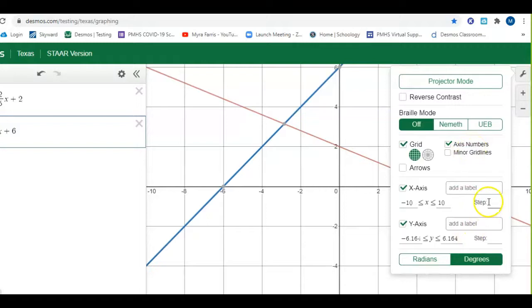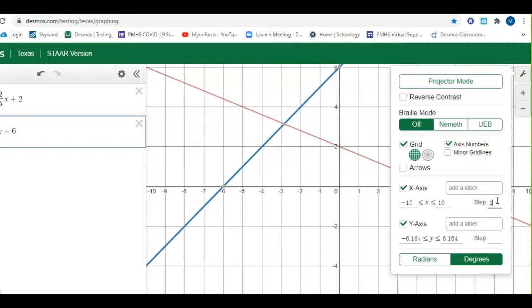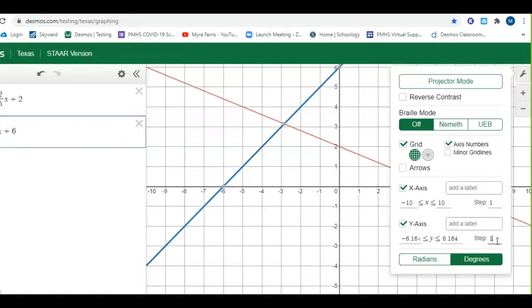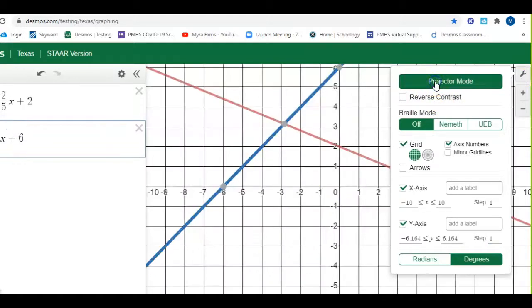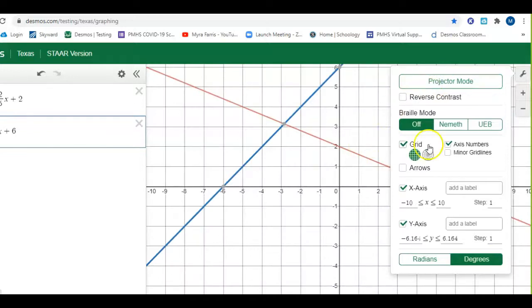And down here where it says step, I'm going to put in a 1. And down here I'm going to put in a 1. And now my graph here is going to count by 1s. If you want the lines to show up a little bit darker, you can click on projector mode or not, whichever you prefer. So, are your settings like this?